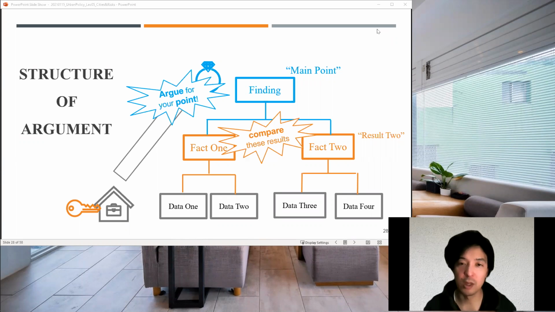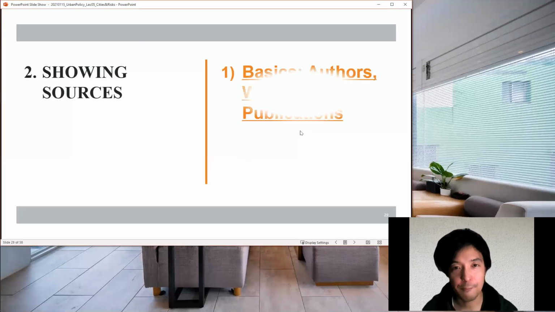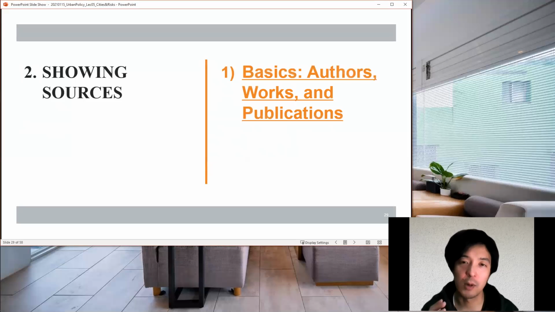So this is why we need to tell or show the sources of these works. Okay, then we're going to have one section. We want to learn what authors, works, and publications mean, and why and how they are important.